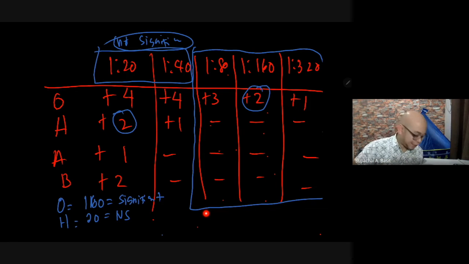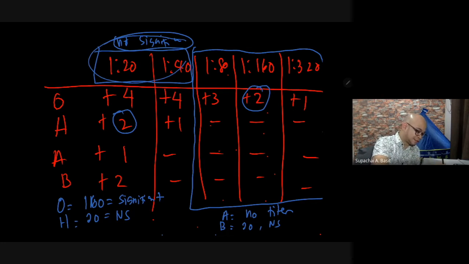What's the titer of A? A has no titer. Why? Because there's no +2 for A. Again, we only consider it a titer if it's at least +2. And what's the titer of B? The titer of B is 20 and it is not significant, because it only falls here.